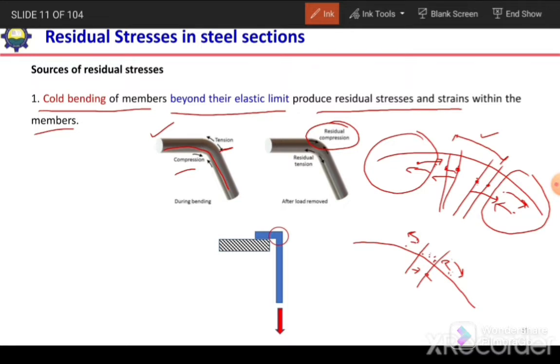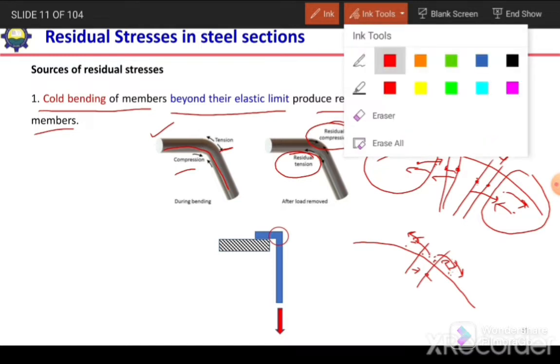When the elastically deformed particles go back, they try to pull these particles, so the permanently deformed particles undergo tension. This tension is termed residual tension. In this way, the residual stresses develop in this bent part.